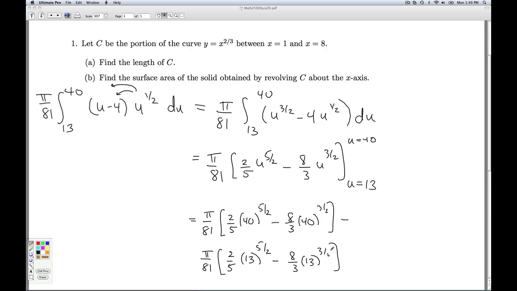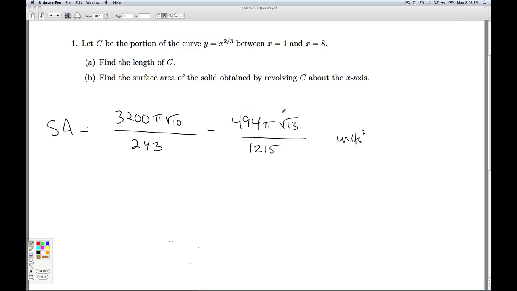Now I'll simplify this as much as possible, but don't get your hopes up. If you go through all the intermediate algebra, you're going to get 3200 pi radical 10 over 243 minus 494 pi radical 13 over 1215. And remember, this was an area problem, and so we're going to interpret that answer as square units. That'll do it for checkpoint 20.